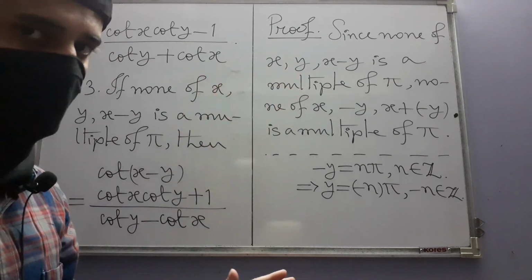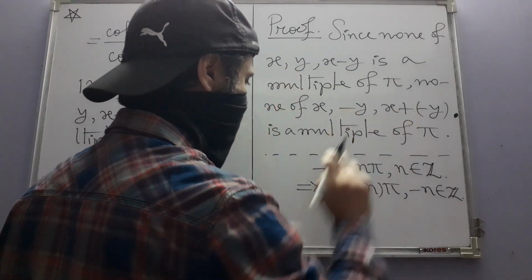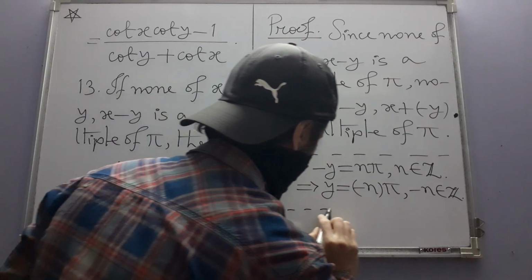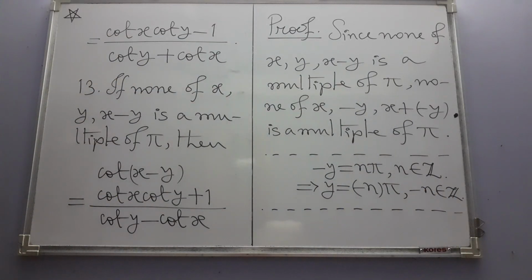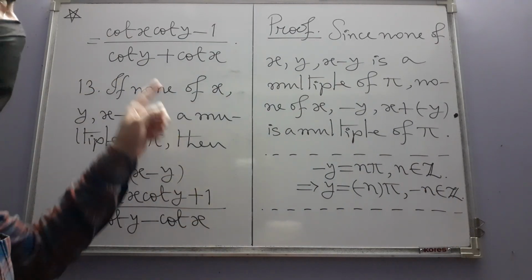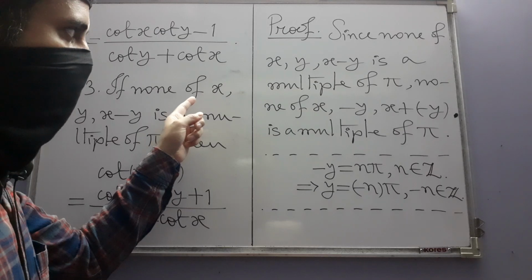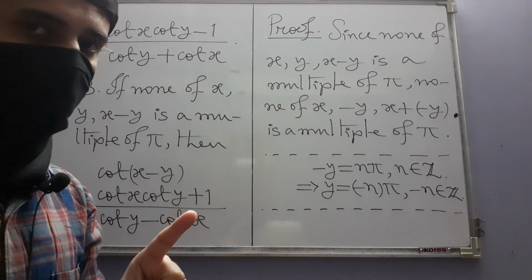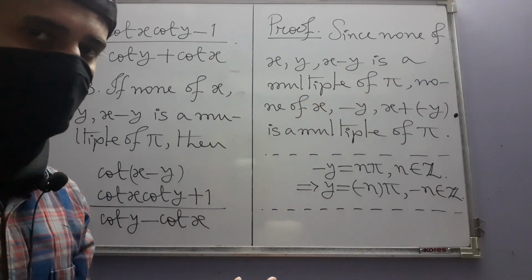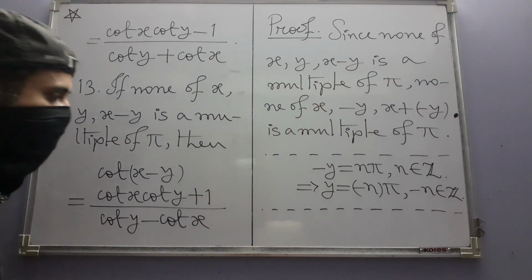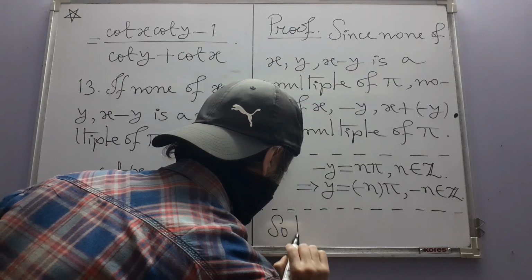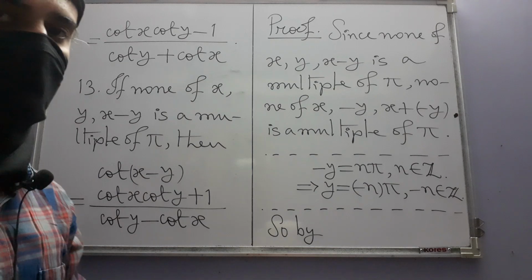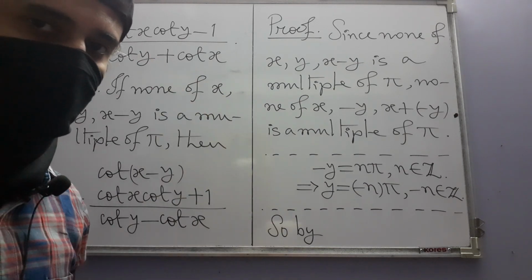It's given that it is not, and that is why minus y is also not an integer multiple of pi. And that's why we can now use the previous identity with x in place of x, minus y in place of y, and x plus minus y in place of x plus y. So, by this condition, these conditions guarantee us that it's okay to use the previous identity.